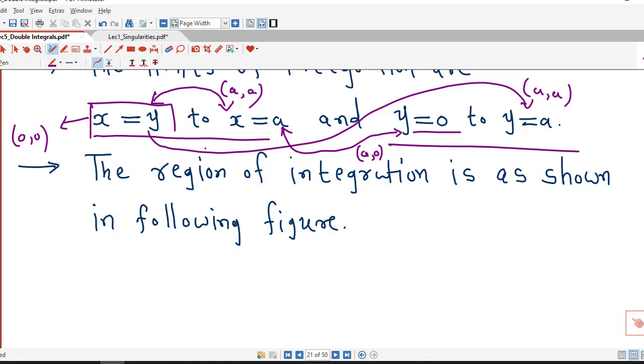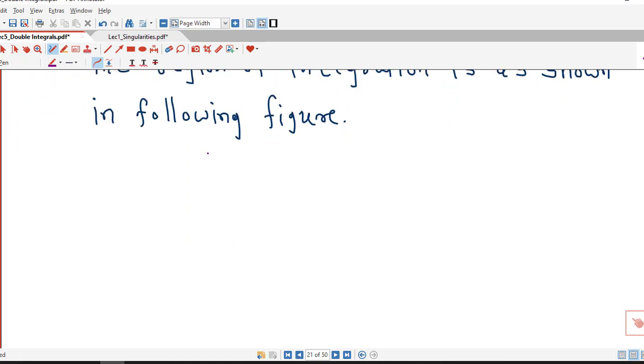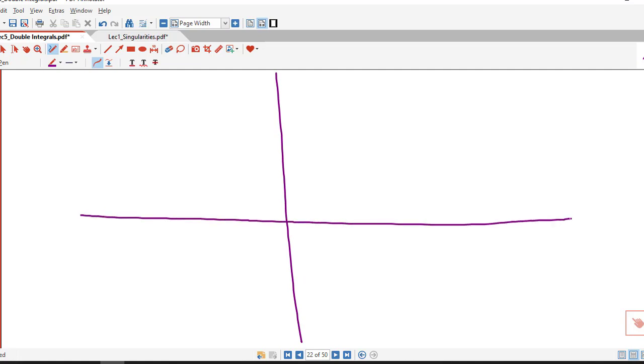So if we have all the curves as lines, then there is no problem, we can easily sketch the region of integration. This is the y axis, suppose this is the x axis. The x axis can be represented by y equal to 0, the y axis is represented by x equal to 0, and we require maximum distance a.